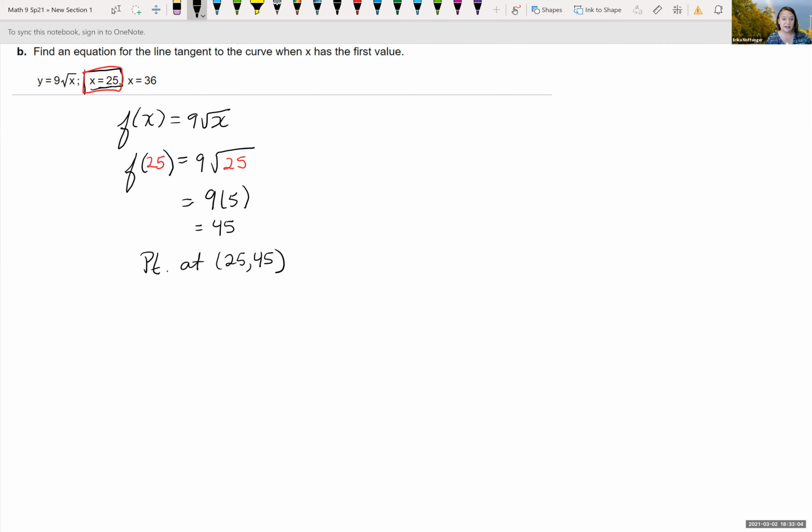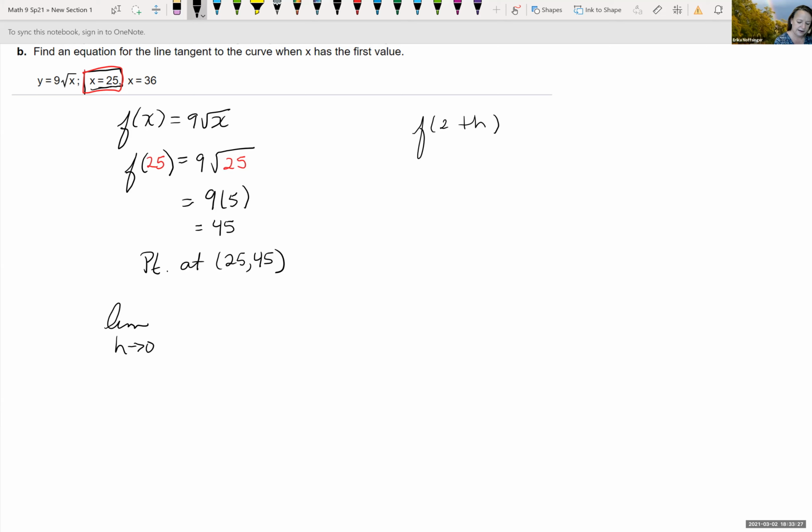Now we need to find the slope, the instantaneous rate of change on that function, y equals 9 times the square root of x when x is 25. And so we're looking again at the limit as h goes to 0 of that f of a plus h, but a in our case, remember, is 25.